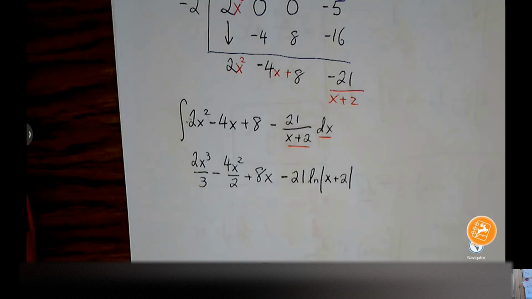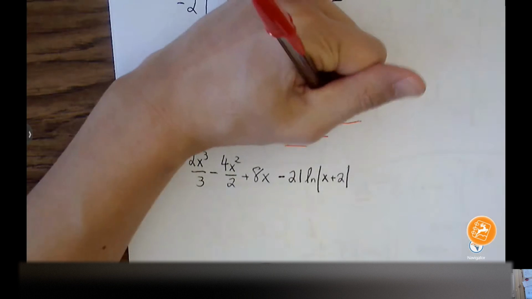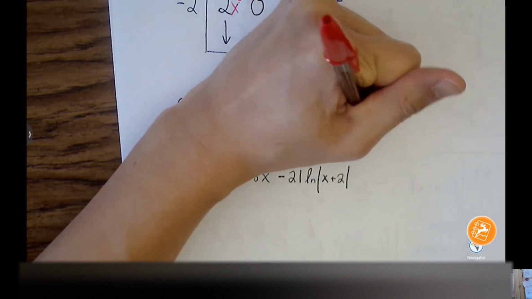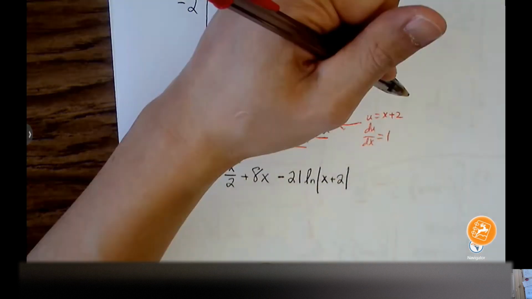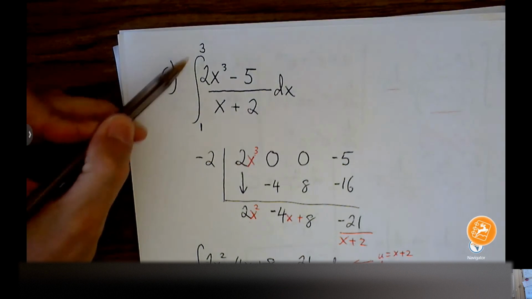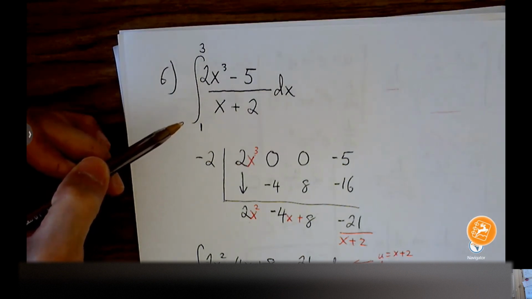Well, then we have to plug in the bounds, right? So no plus C, but let me just do the work for this here. Mr. Yang, why is there no plus C? Because it's a definite integral, so we're going to have to work in the bounds. And if we work in the bounds, the C's will just end up canceling each other out.